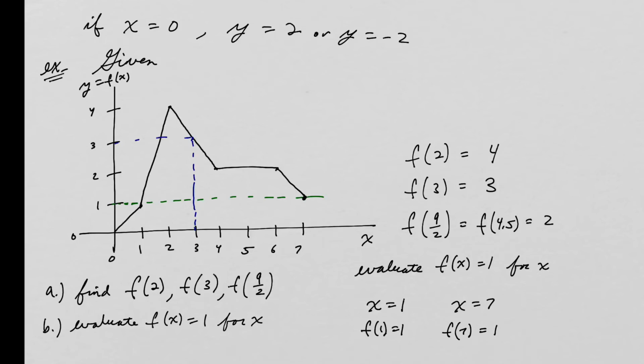Okay, what about functions that are what's called one-to-one? There are some special functions which have even more restrictions on them, and they're called one-to-one functions. So let me define what that is and how we determine whether a function is one-to-one or not.